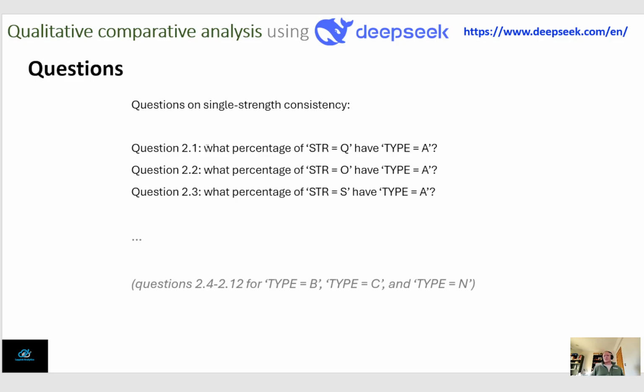Well, consistency is what you see here in question 2.1. What percentage of junior sales reps whose strength is Q, so who are good at questioning, have type A? So you could say, how many of those that have questioning as strength sell service A, right?